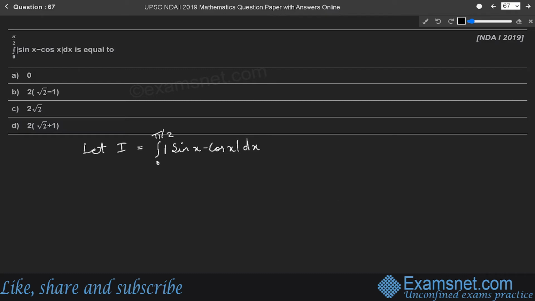Then it can be solved as integration of 0 to pi by 4 modulus of sin x minus cos x dx plus integration of pi by 4 to pi by 2 modulus of sin x minus cos x dx.